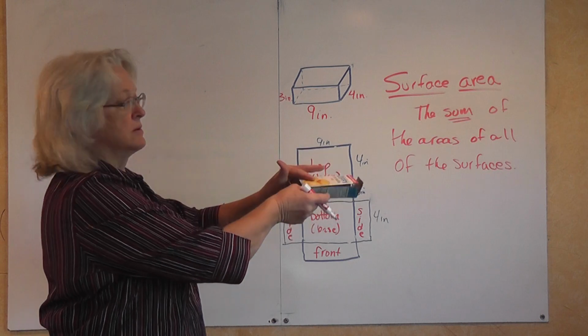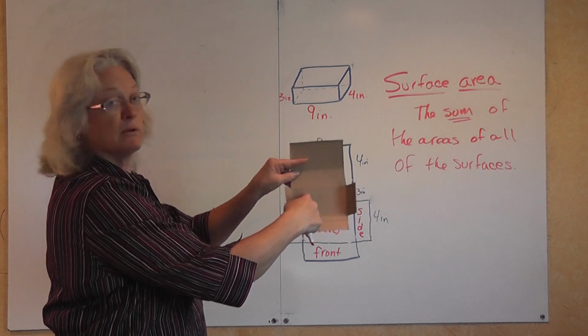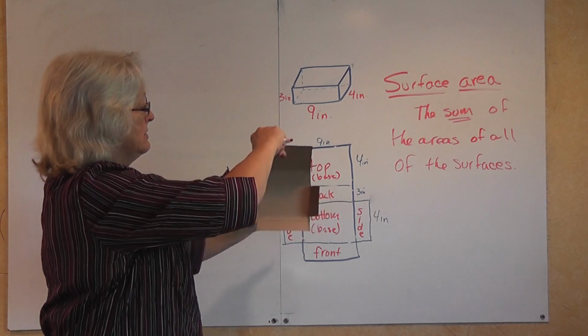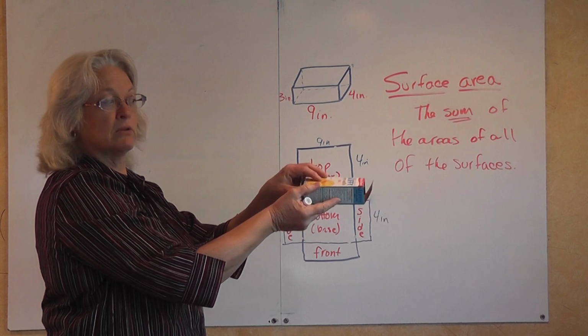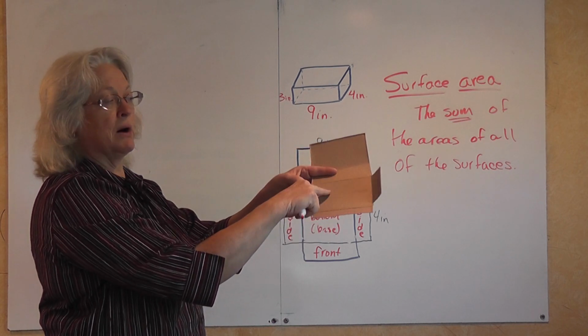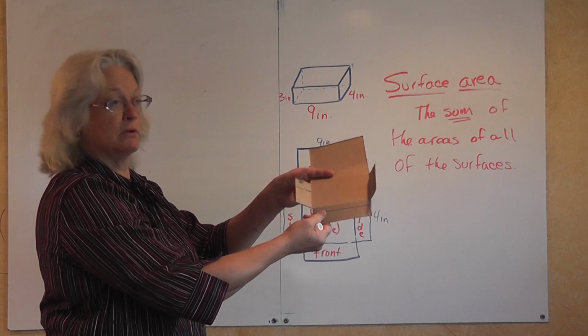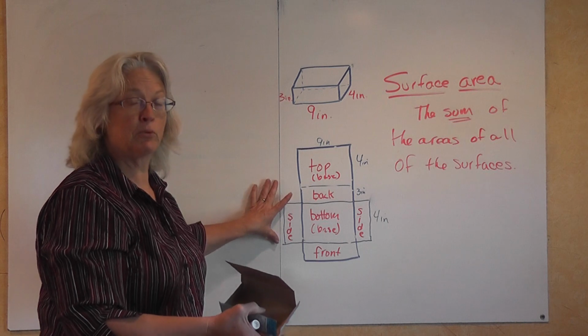Next is that back side of the box. Next, down here, the bottom of the box and the front. Top, back, bottom, front, and the 2 sides of this rectangular prism.